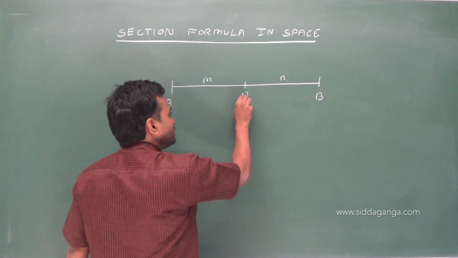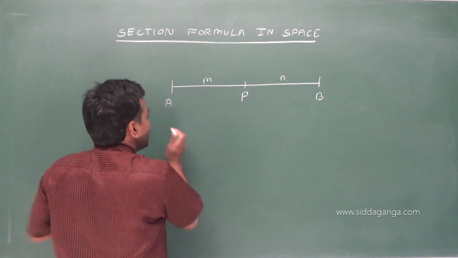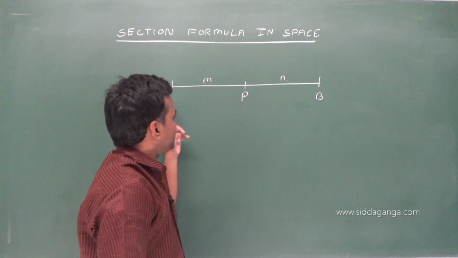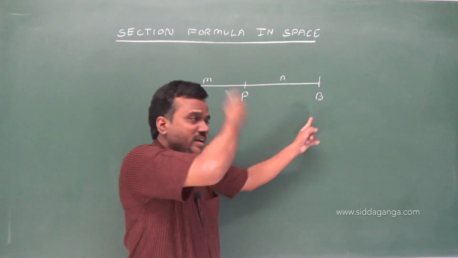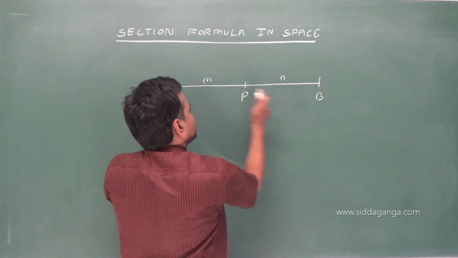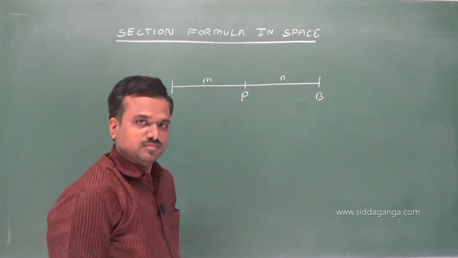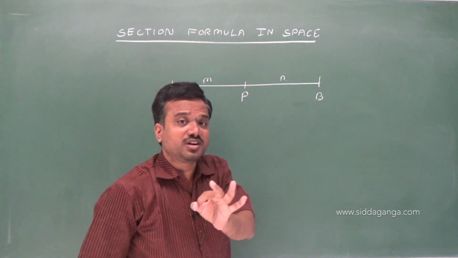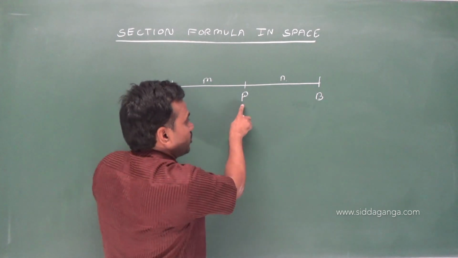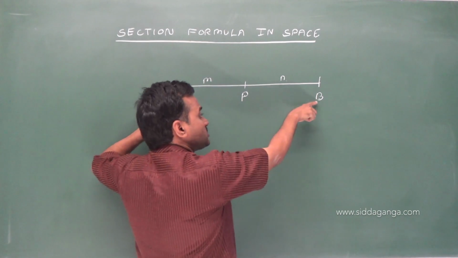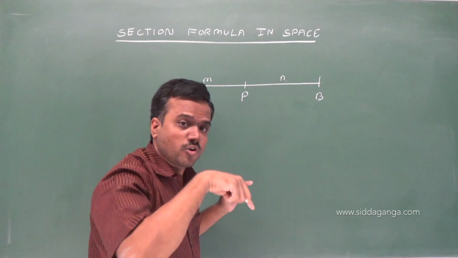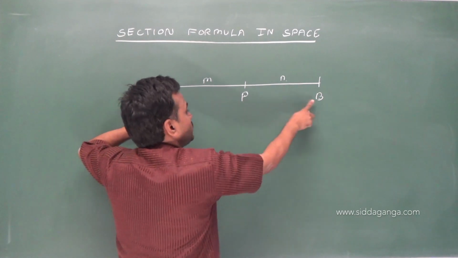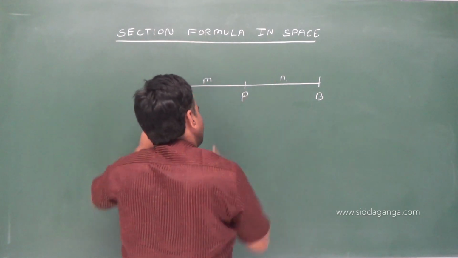Internal division means the point P lies inside of AB and divides the line joining the 2 points in the ratio m is to n. That division we call internal division. The point P lies inside of AB, that's why we call it internal.